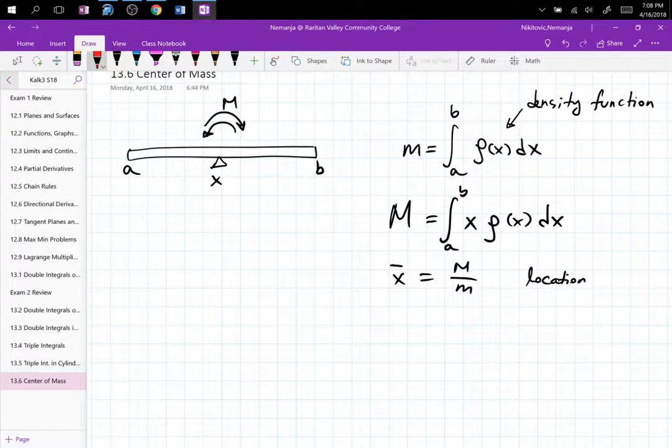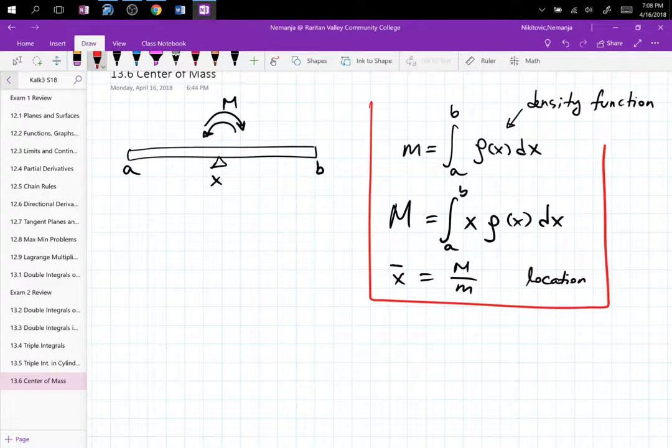These three formulas together are the ones that calculate the one-dimensional case, so if you're just balancing the length.